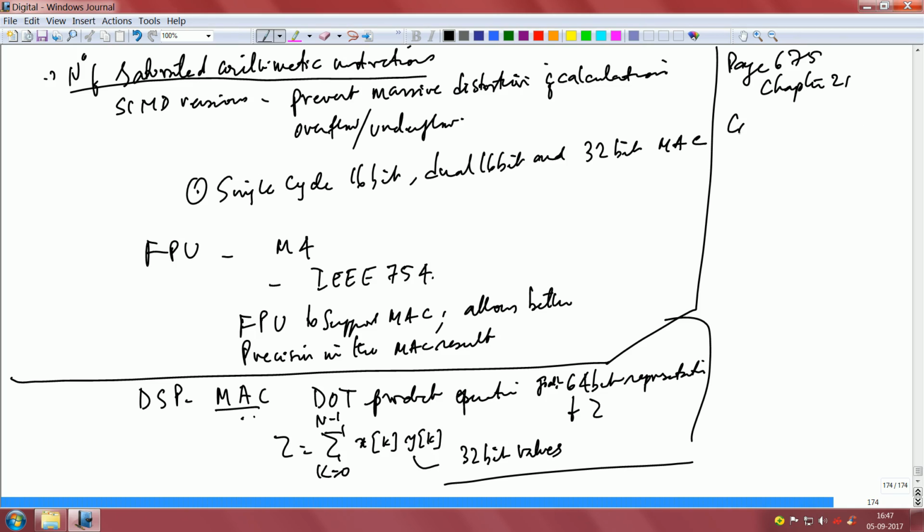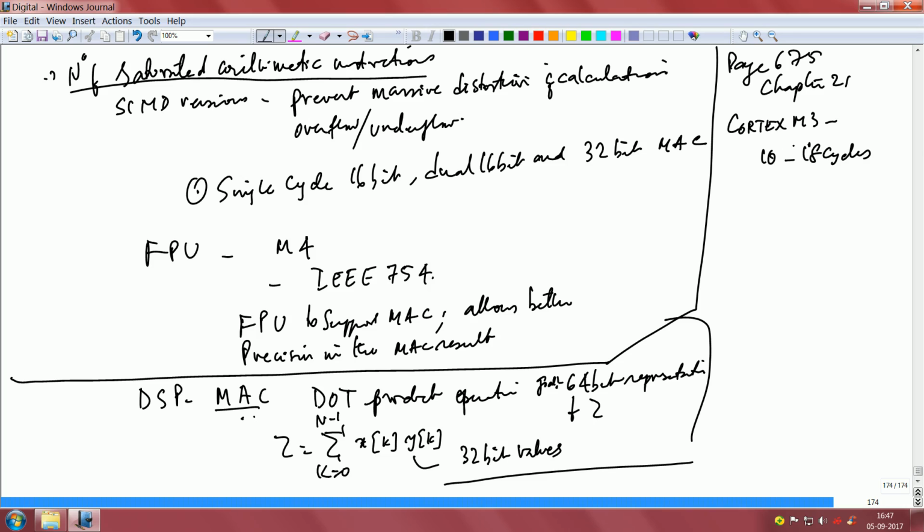If you take Cortex M3, the inner loop of the dot product takes 10 to 18 cycles, okay, with the execution time being data dependent.